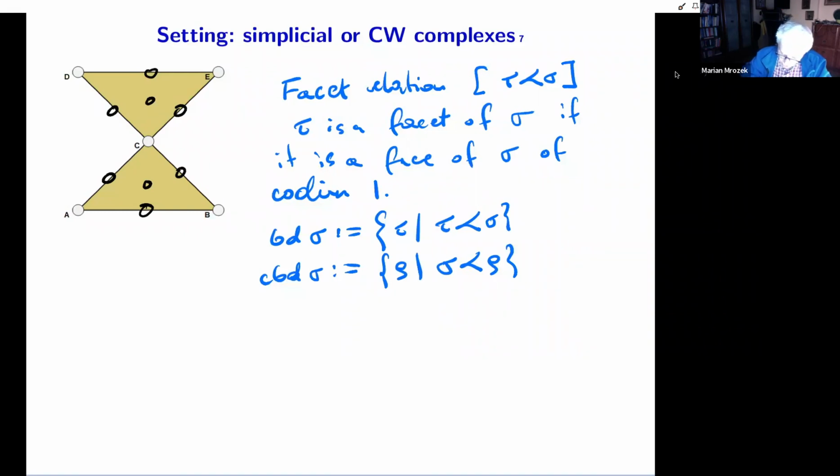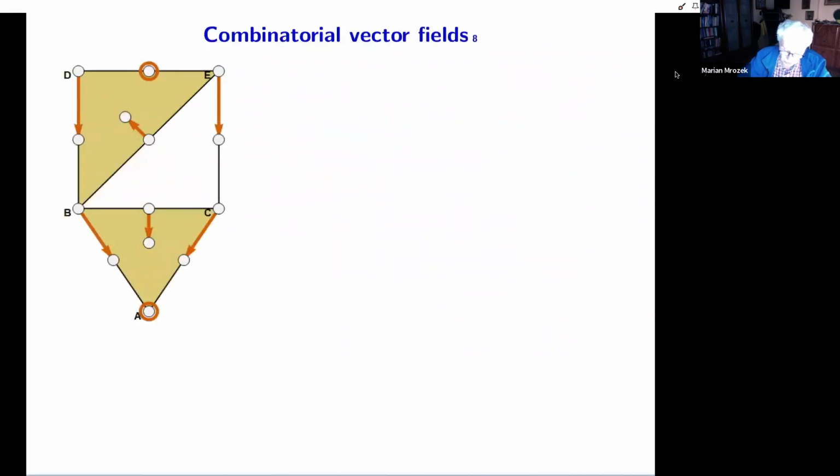And this is the main concept introduced by Forman, the combinatorial vector field or discrete vector field. Forman used both terms, but I prefer combinatorial.